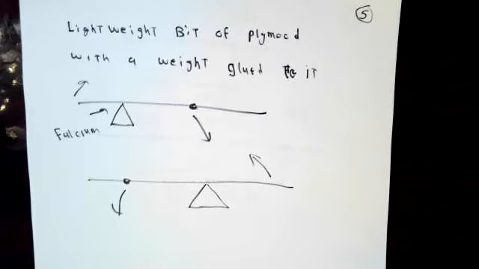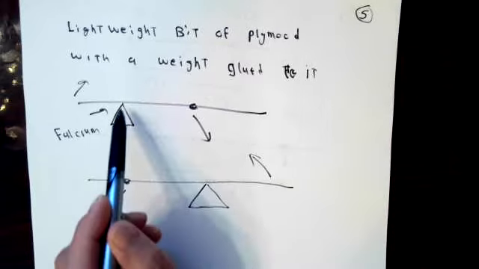I want to think about taking a lightweight piece of plywood, and by lightweight, I mean so lightweight that I can ignore the mass of it. I'm going to glue this mass to a piece of plywood, and I'm going to try to make a balance out of it. So we'll have the fulcrum here.